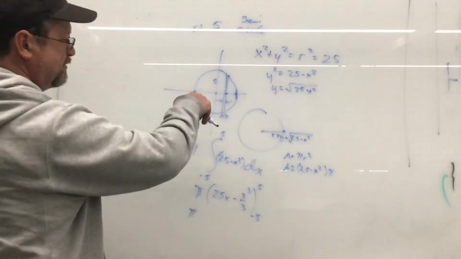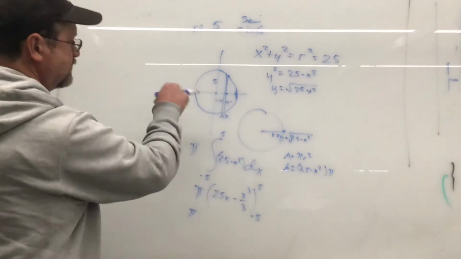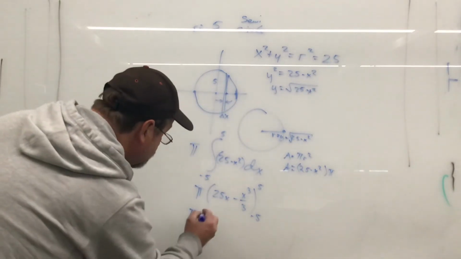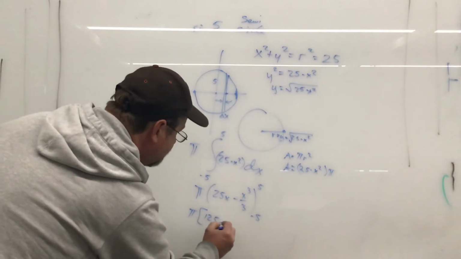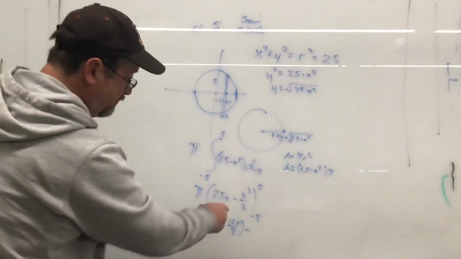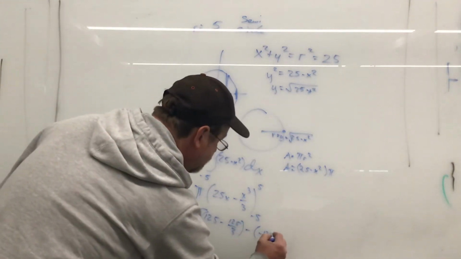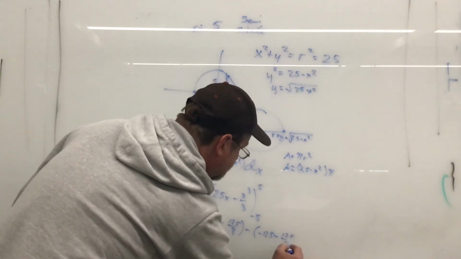I can see there's some symmetry there. I could have gone from 0 to 5 and doubled it, right? Because it's going to be the same on each side. But 25x is going to give me 125 minus 125 over 3. Then subtract off at -5: -125, minus and minus, plus.